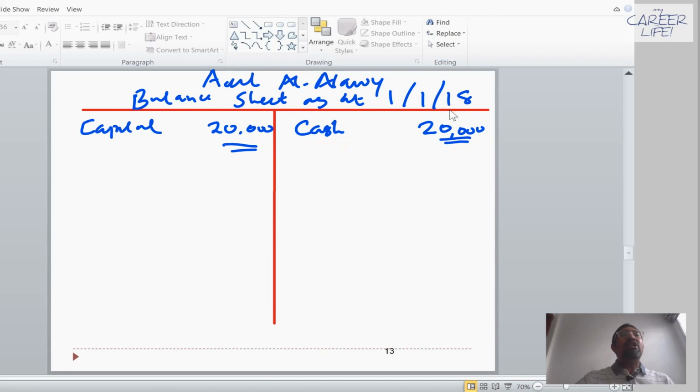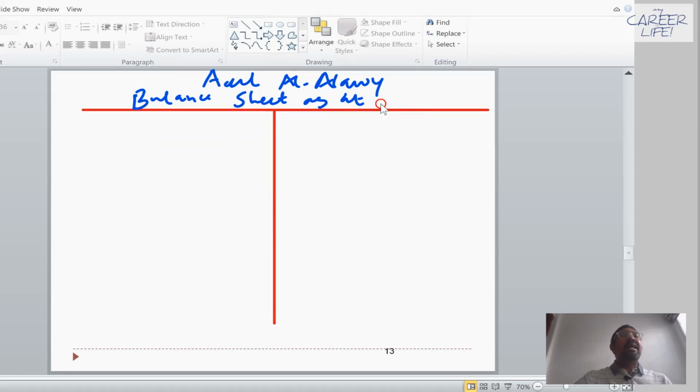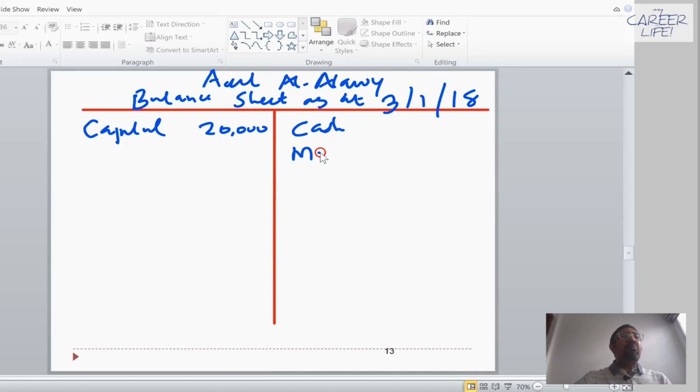If we look at 3rd of January, it will be Adil Al-Alawi again, a balance sheet as at 3rd of January 2018. Remember, in the beginning he introduced capital, and the capital was 20,000. Then he had cash. From the cash he bought a motor vehicle.